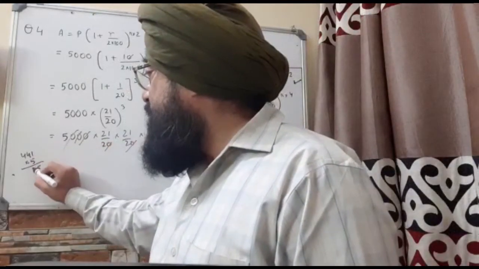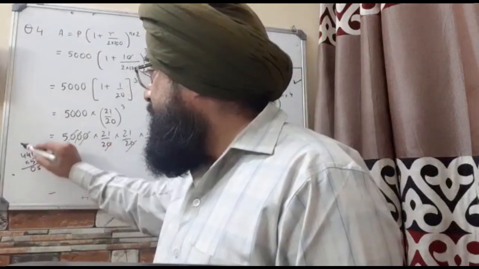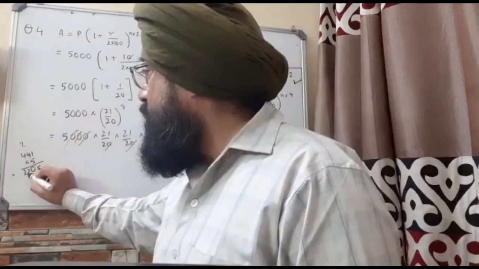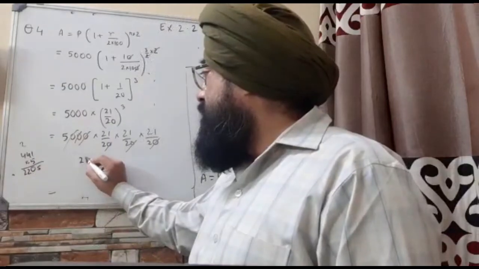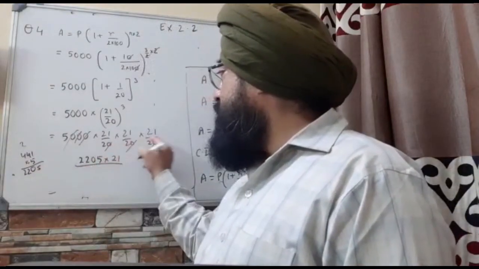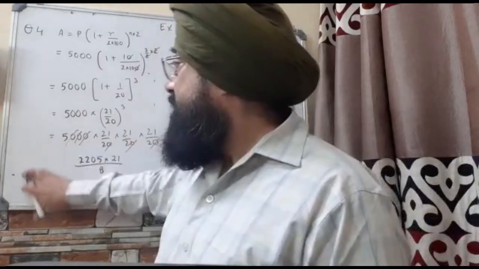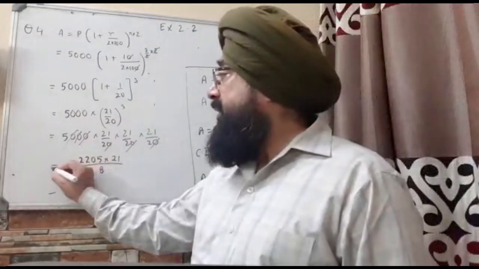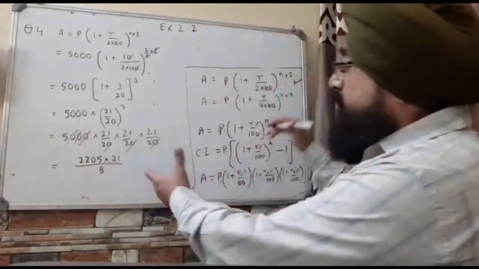5 fives are 25, carry 2, 4 fives are 20, 22, 2205. So it becomes 2205 into 21 over 2 to the 4 to the 8. So now your ability lies in multiplying and solving.